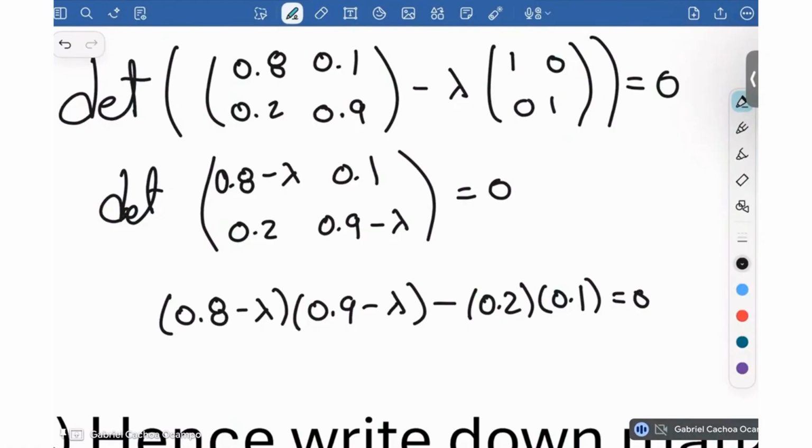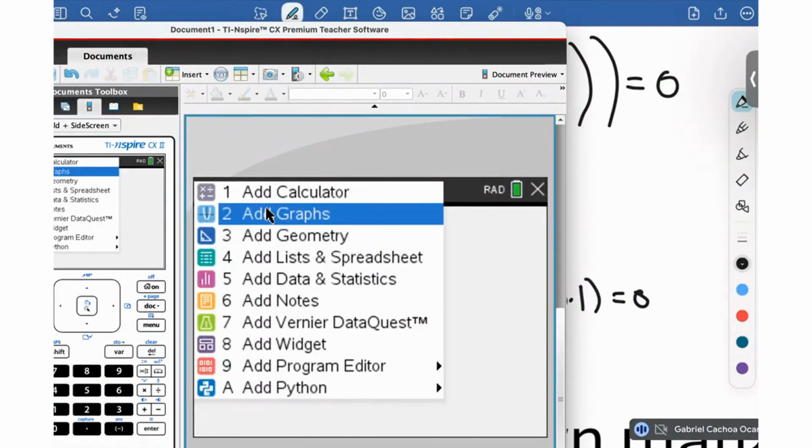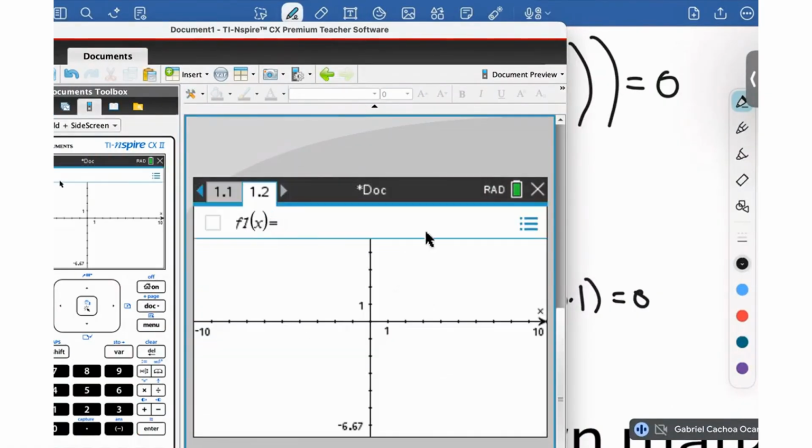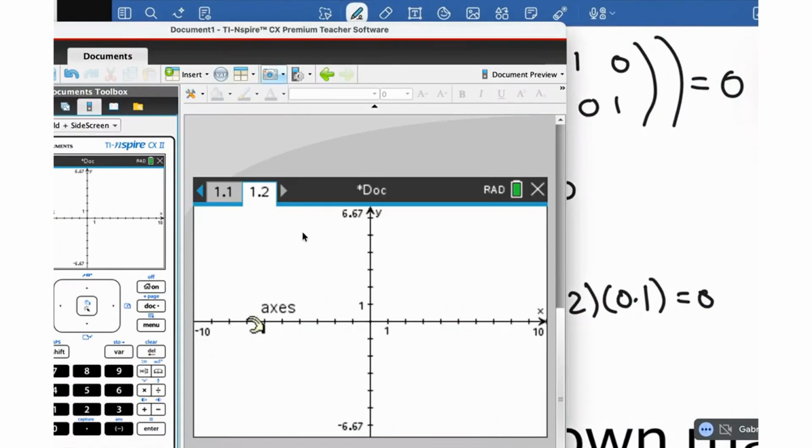And because we always have access to a calculator, let me show you how I'm going to solve it. I'm going to add a page that is going to be a graph. And what am I going to graph? I am going to graph this expression, no? It is a quadratic expression, so it's going to be very, very easy to graph.